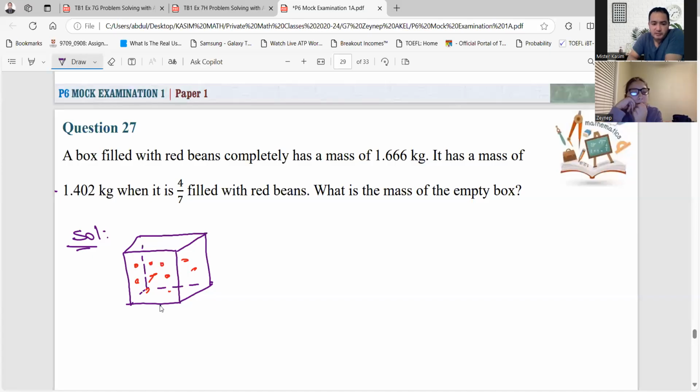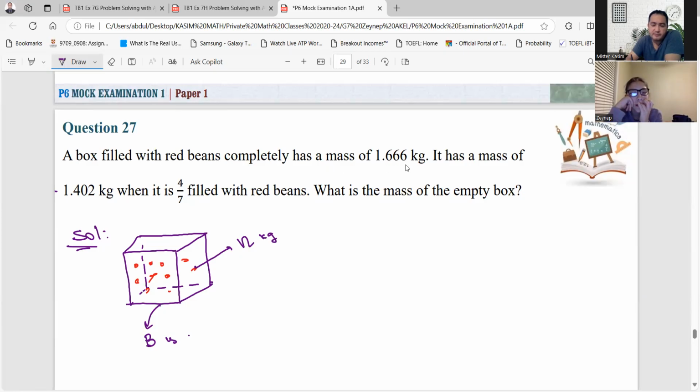Suppose the empty box, it is B kg. All right. And how about the beans? Let's say, for beans, this N kg. And the question is saying that a box filled with red beans completely has a mass of 1.666 kg, right?